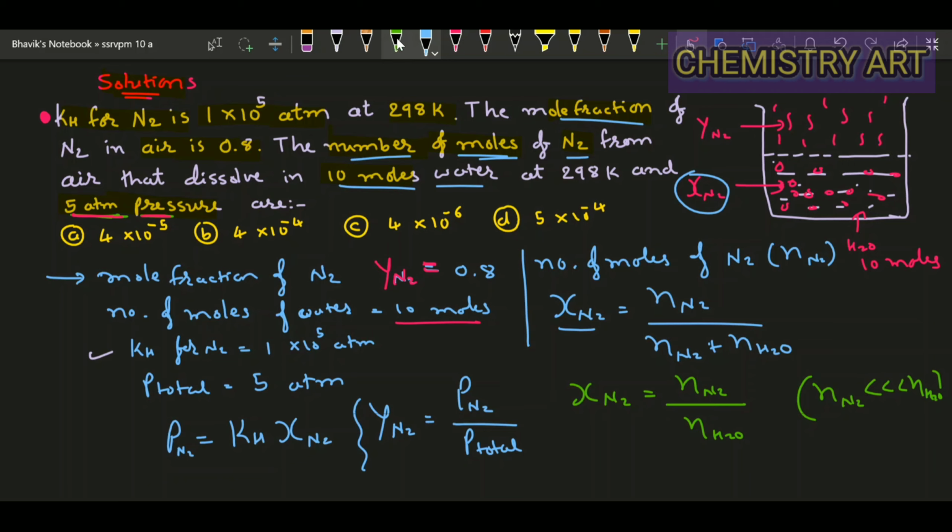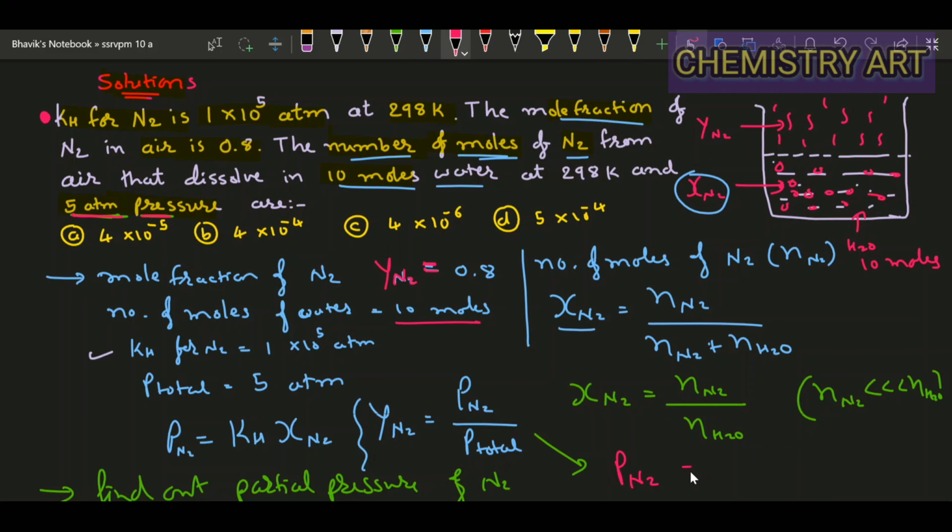So first of all, what we need to find out is the partial pressure. Okay, the partial pressure Pn2 by using this formula. I will put in the values directly and write the formula in this form, making P the subject.